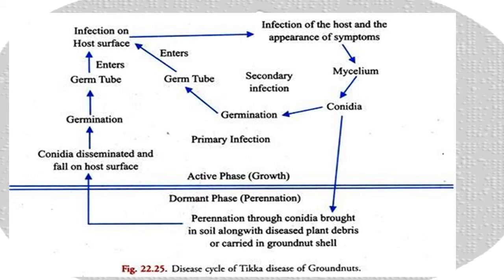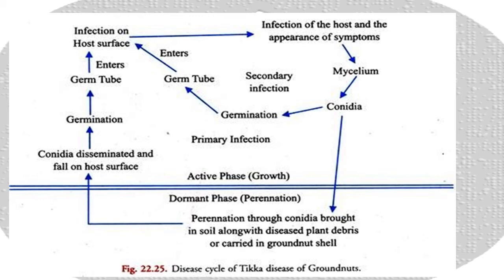Then penetration through conidia brought in soil along with diseased plant debris or carried in groundnut shells.